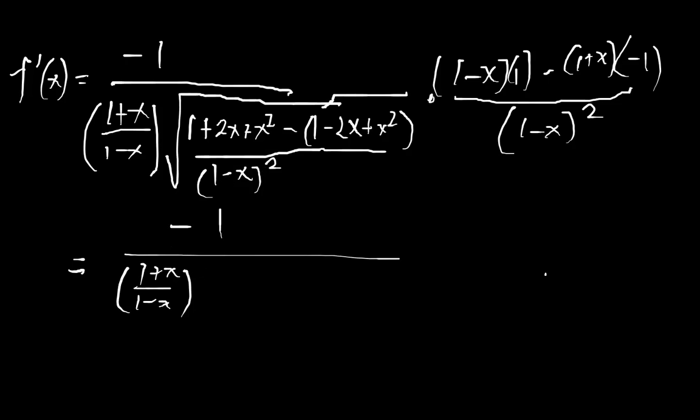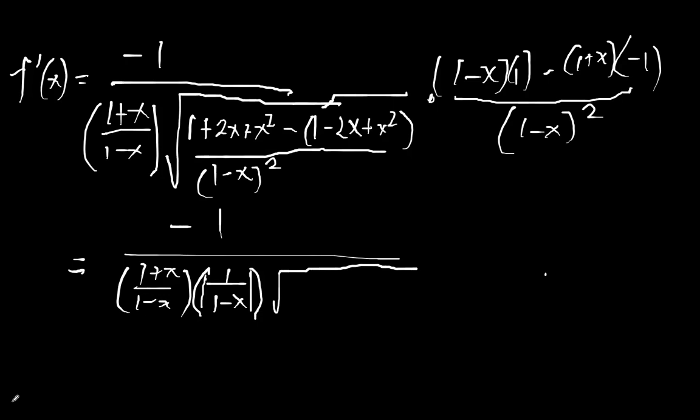And we can simplify the denominator. We can have it like this. Sorry, since this is a square, it should be an absolute value. Don't forget that. And since we simplified the denominator already, I can cancel out.